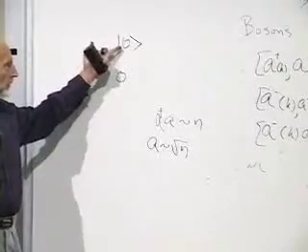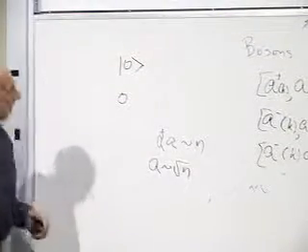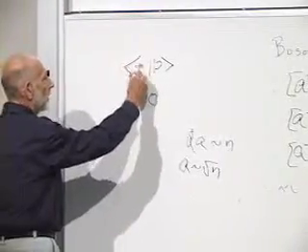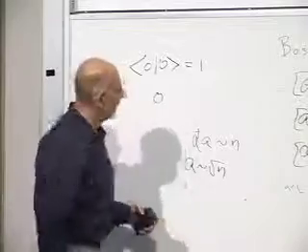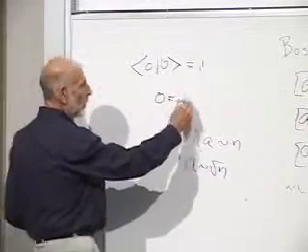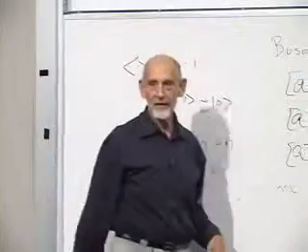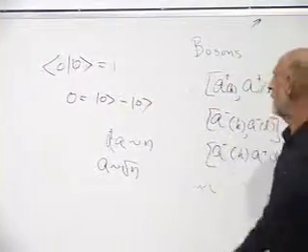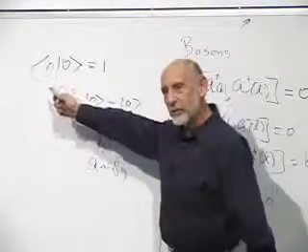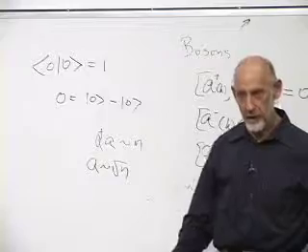This state is the ground state of a harmonic oscillator. Its norm is 1. It's not the 0 state. The 0 state is O minus O. This is just a vector which I've labeled as O. It is not the 0 vector in a vector space.